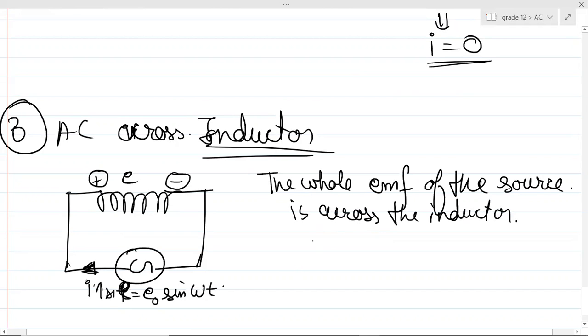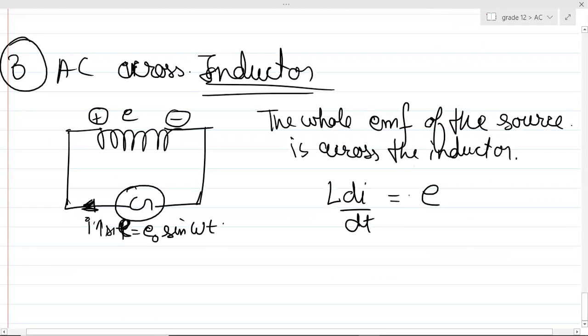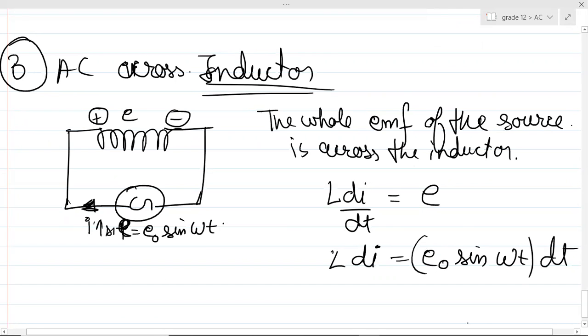Here also, L into di by dt will be equal to E naught sin omega t. The EMF across this will be equal to the EMF of the battery, right? So E naught sin omega t is equal to L di by dt, and I'll multiply by dt. Is it fine?